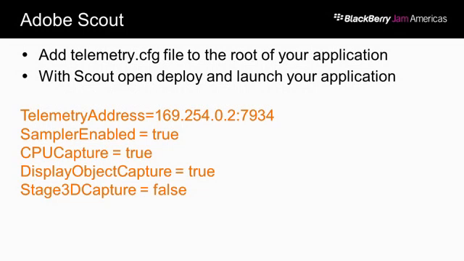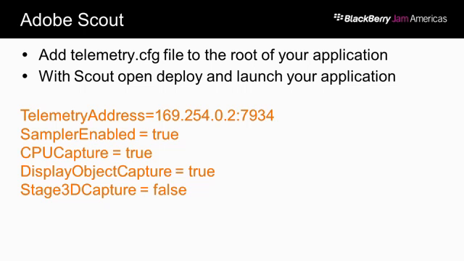So profiling with Adobe Scout is really, really cool, and it shows you a lot of stuff that you probably never would have guessed is happening in your application. To get it up and running, there's lots of tutorials online about how to get it up and running with Flash Builder and FDT and all that kind of stuff.